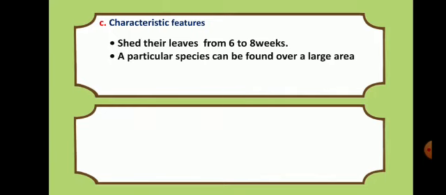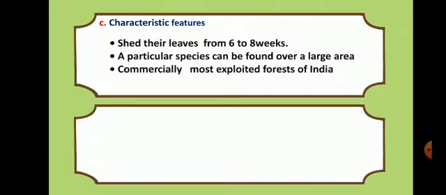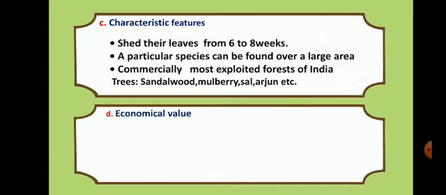Next, a particular species can be found over a large area. As a result, you can see they are the commercially most exploited forests of India. So the common trees found here are sandalwood, mulberry, sal, arjun, etc.